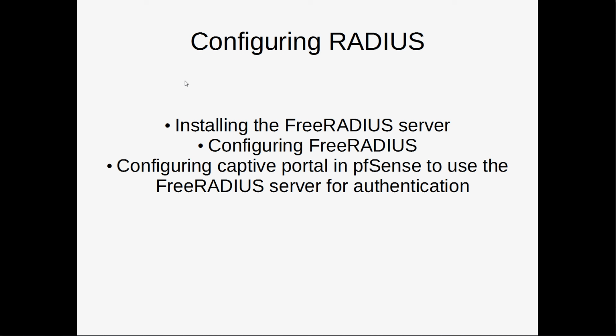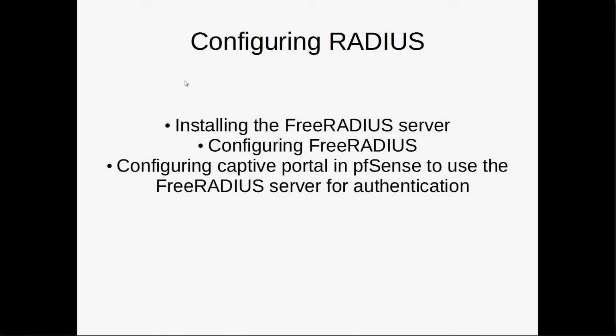We're going to configure FreeRADIUS, which involves adding users to the user files and adding pfSense to the client config files so that pfSense has access to our FreeRADIUS server. And then we're going to configure captive portal and pfSense to use the FreeRADIUS server for authentication.